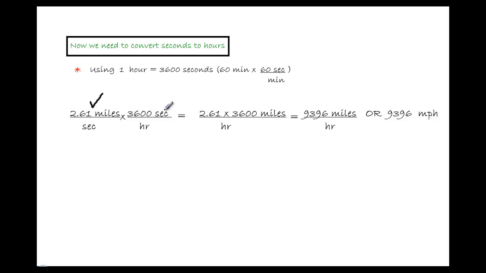I'm going to put the 3,600 seconds on top and the hours on the bottom. This way my seconds unit cancels out, which is exactly what I wanted. What I'm left with is hours on the bottom. The math on the top gives me 2.61 times 3,600, and we do have miles, and I wind up with 9,396 miles per hour.